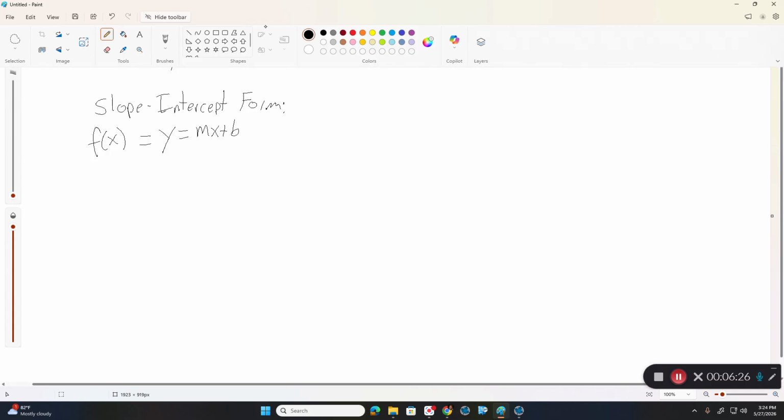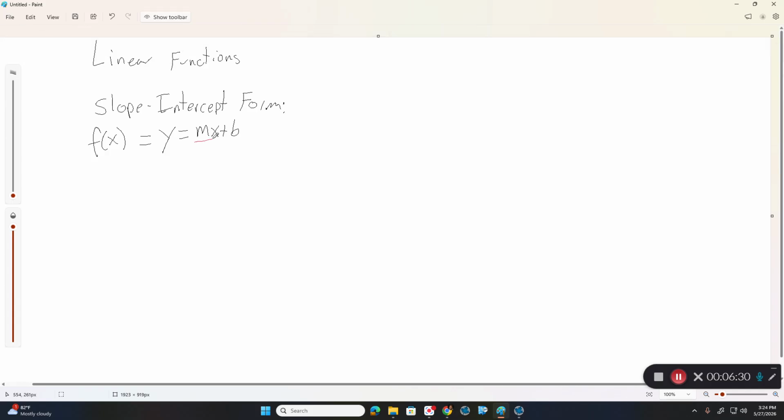Where specifically, going back to my red, m is the slope and b is what we call the value of the y-intercept. And these act like identifiers for our functions.